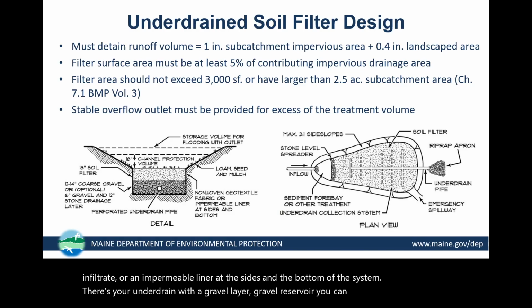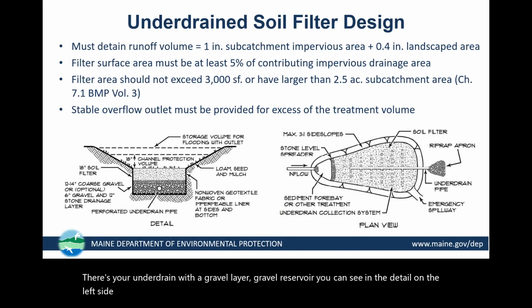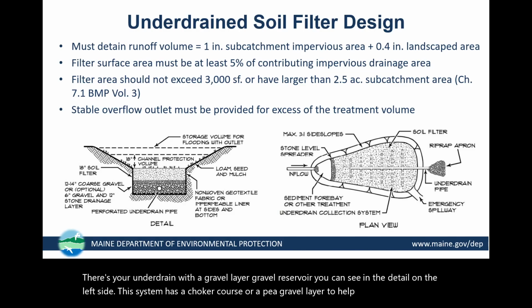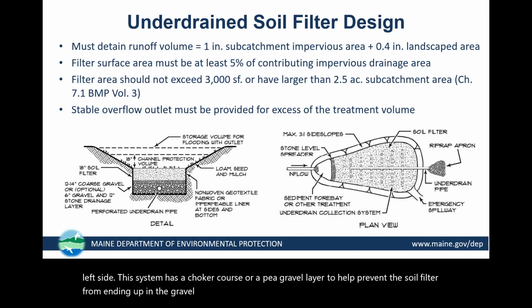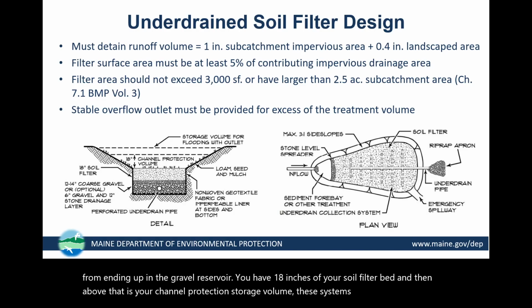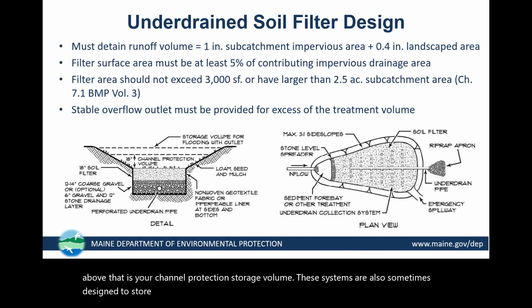You can see in the detail on the left side, this system has a choker course or a pea gravel layer to help prevent the soil filter from ending up in the gravel reservoir. You have 18 inches of your soil filter bed, and then above that is your channel protection storage volume. These systems are also sometimes designed to store additional volumes of water associated with the flooding standard.